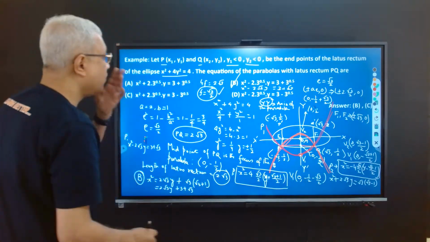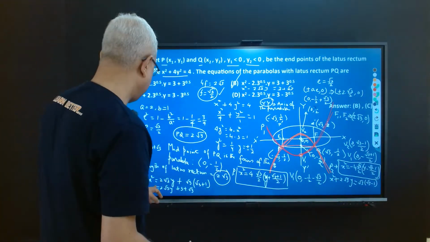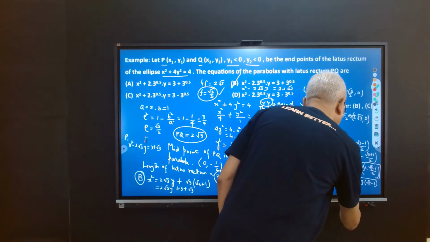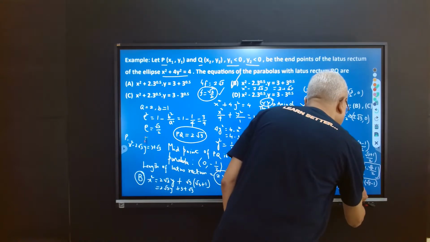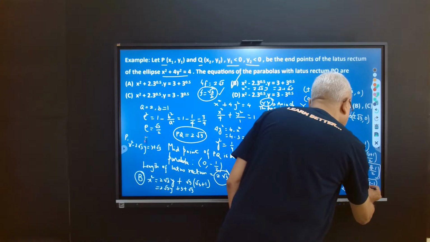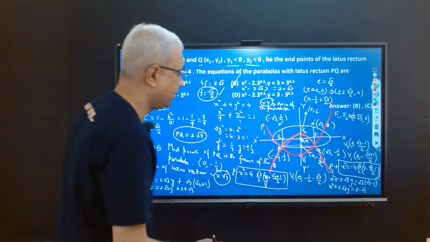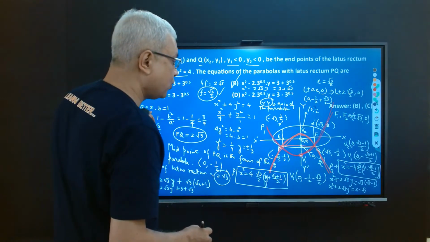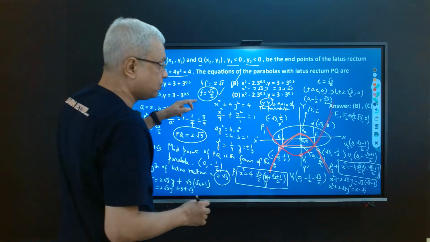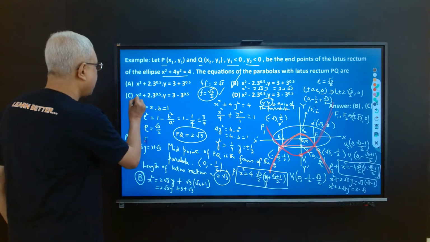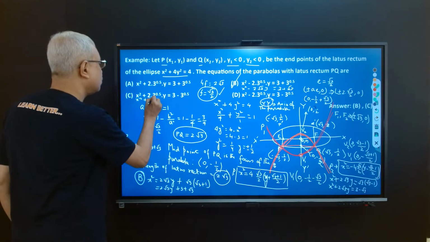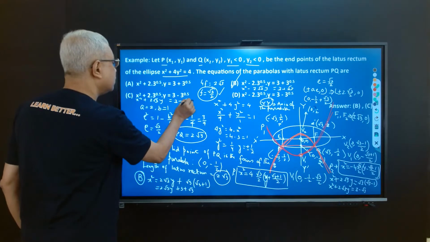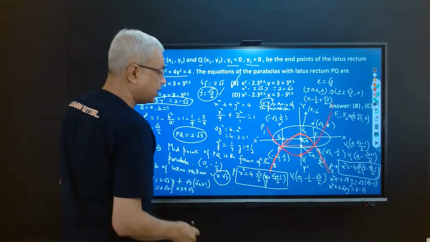So x square plus 2 root 3 y equal to 3 minus root 3. This is the equation of P2.